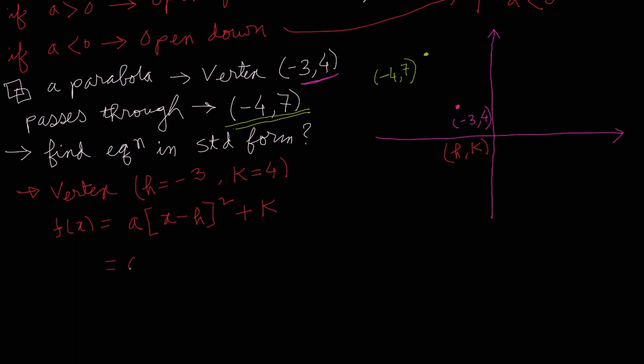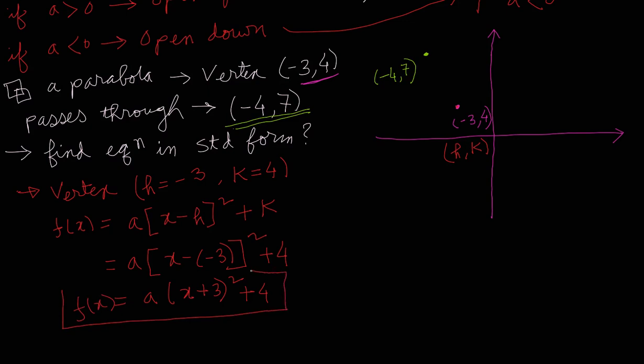I have x minus h, and h is −3, squared, plus k, which equals 4. So ultimately I get f(x) = a(x + 3)² + 4. That's what I have up until now as the equation of my quadratic function.